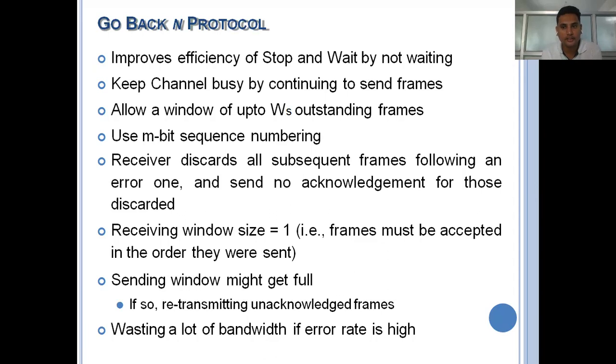Only then does it send the second frame. That is one of the drawbacks of the stop and wait protocol. To improve its efficiency, the go back N protocol works well in the sliding window manner.